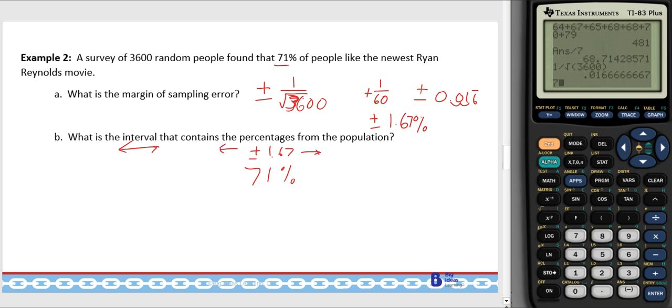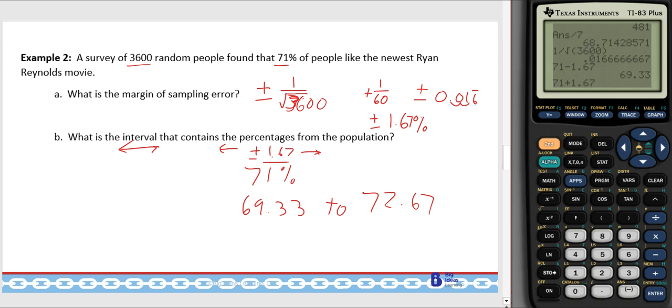So I would take the 71 minus 1.67%, 69.33, and then 71 plus the 1.67, 72.67. Right? So our sample size is fairly large, so our margin of error is fairly small.